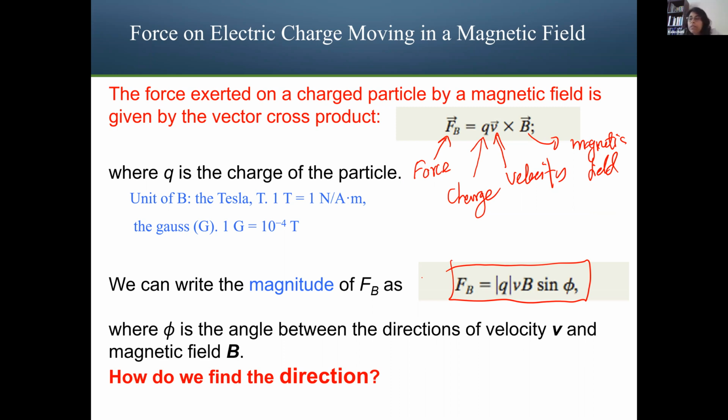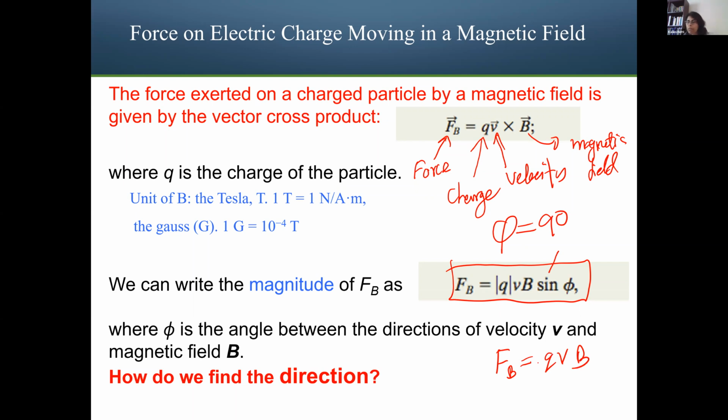Now we know that sine 0 gives you 0. That means if these two vectors are perpendicular to each other, then you have a third vector that is not 0, depending on your q, v, and B, right? When phi goes to 90 degrees, your force will be equal to qvB.